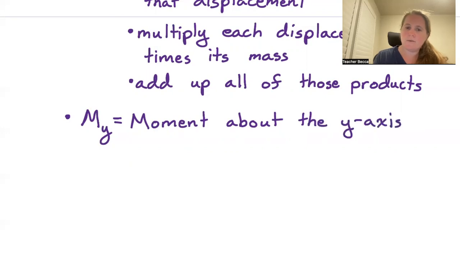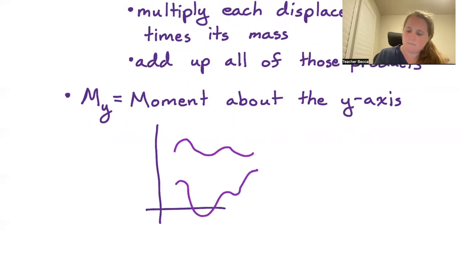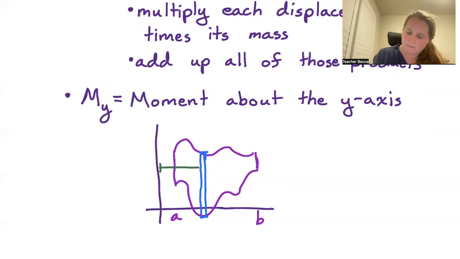If we draw our picture again, whatever shape we have, running from a to b, we can see that if we take a slice of our object, the displacement from the y-axis is just x.